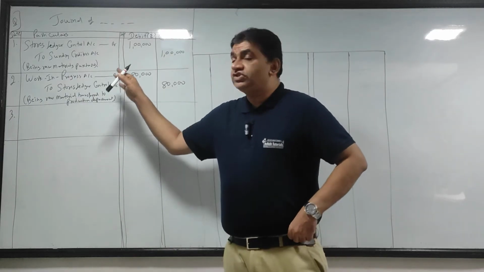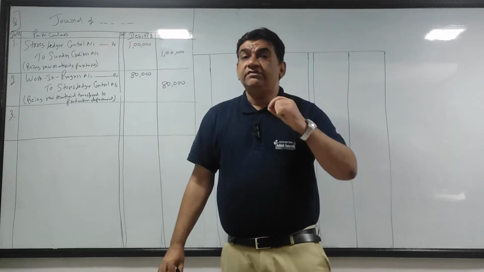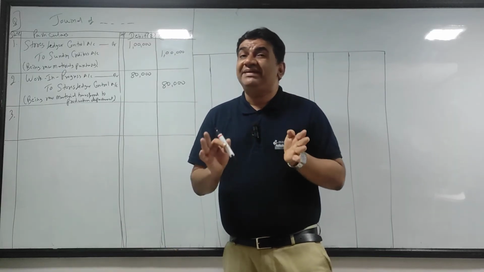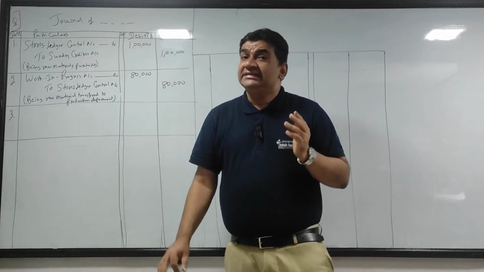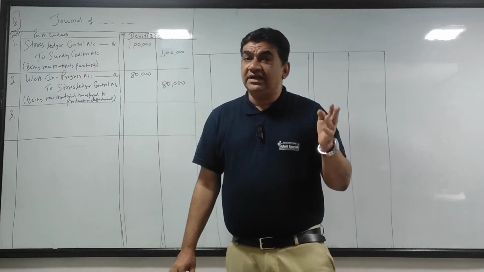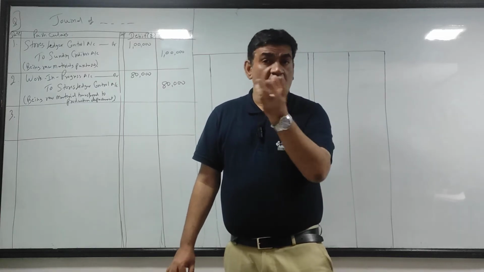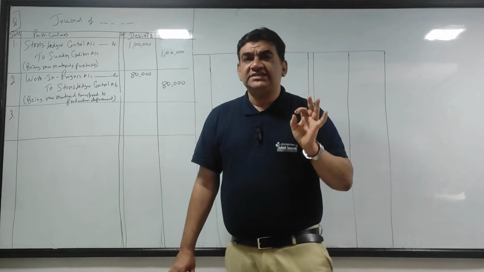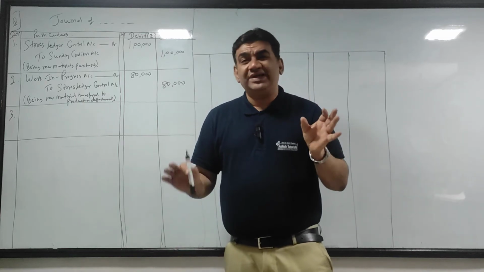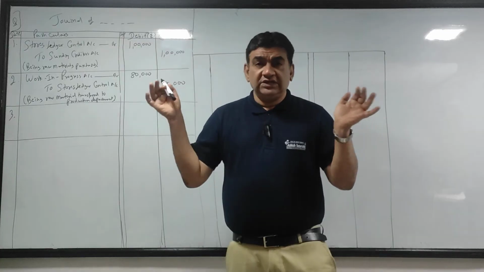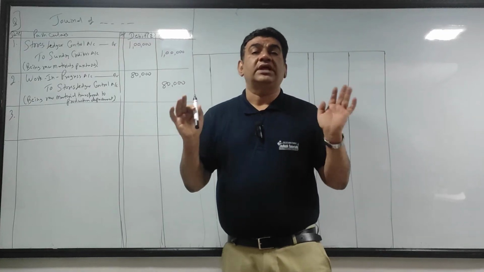We will use the same logic as store ledger control. We will use the word wage control because there will be different types of workers, skilled, semi-skilled, each of them. So all wages in one. That is the basic logic for using the word control. You can keep in mind for your level, control means a combination of more than one.